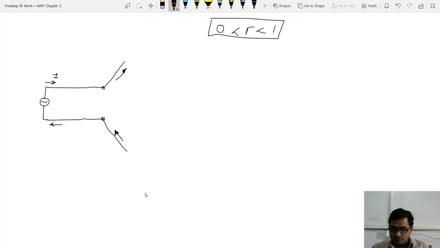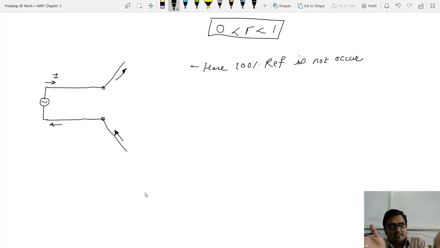So one component is this, another component is this. Now see here, let me write it here. 100% reflection is not occurred. This is the first point.